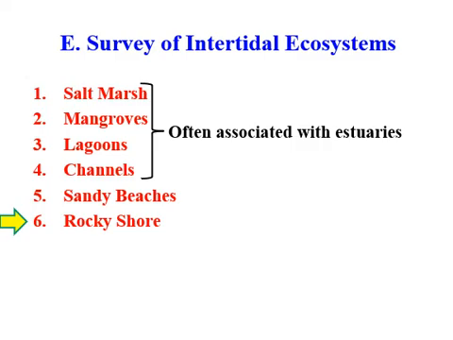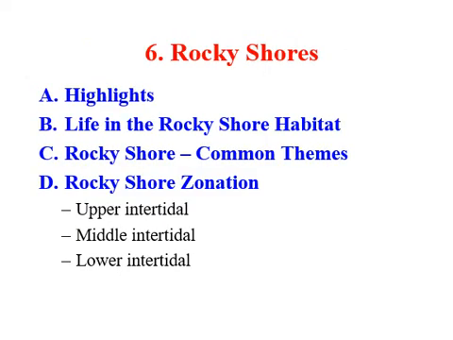So let's look at the rocky shore, and we'll spend a lot more time looking at this. There's a lot more information. It may not be our big coastline ecosystem on the East Coast, but we do have them in other parts of the U.S. They're on the West Coast especially, a lot of rocky shore.